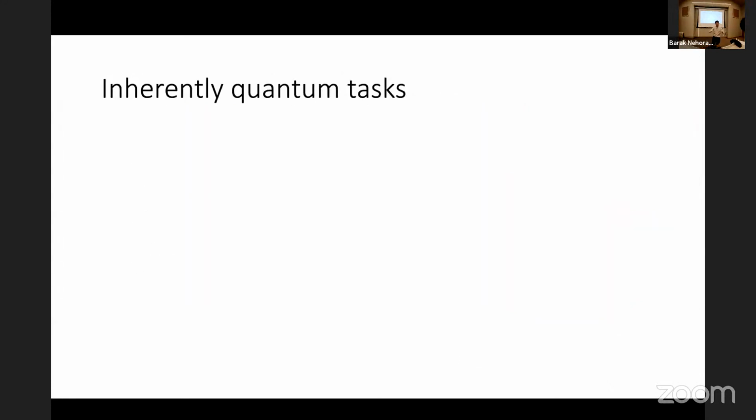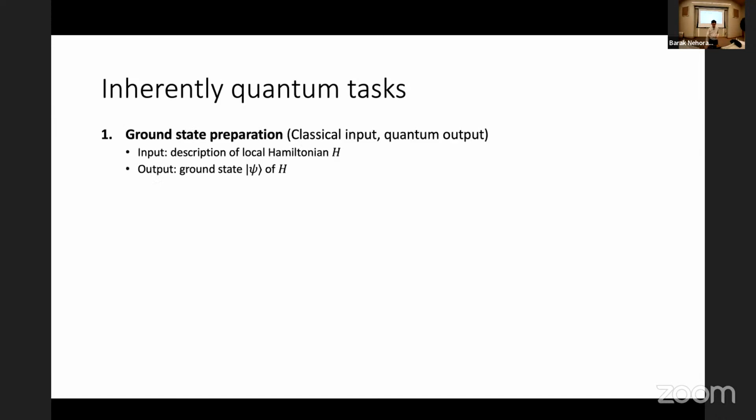But there's a whole other class of computational tasks that I'll call inherently quantum tasks. These are tasks that you might be interested in one day in the future, when everyone has a quantum computer and people are sending quantum information back and forth to each other. Here are some examples. One is ground state preparation.